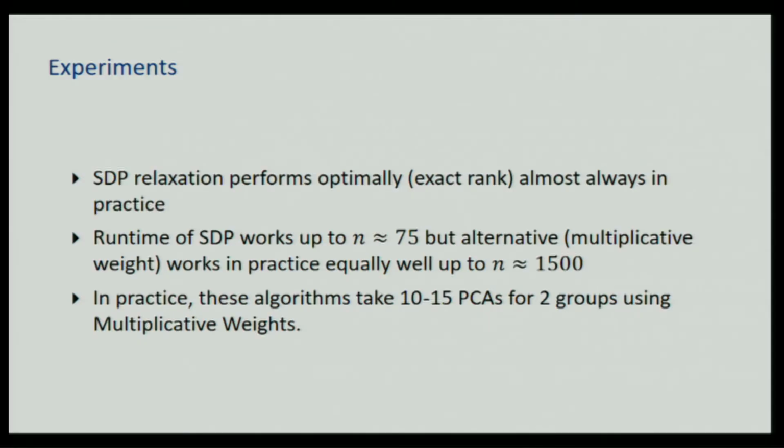In the multiplicative weights method, the core subroutine becomes PCA, because all you have to do is find a weighting that's the worst one. So instead of one PCA, you end up doing a dozen PCAs, and that's the price of fairness. Okay, for 2 groups at least. The code is publicly available. You're welcome to try it out at Samira's webpage.